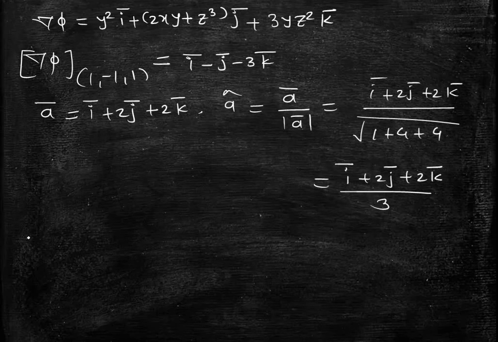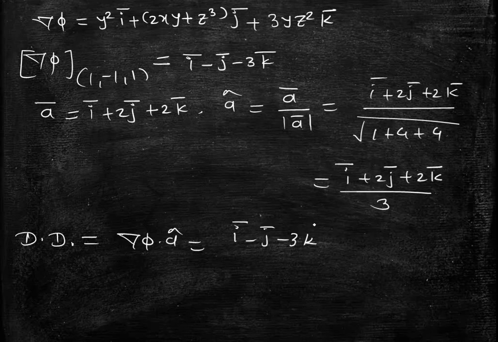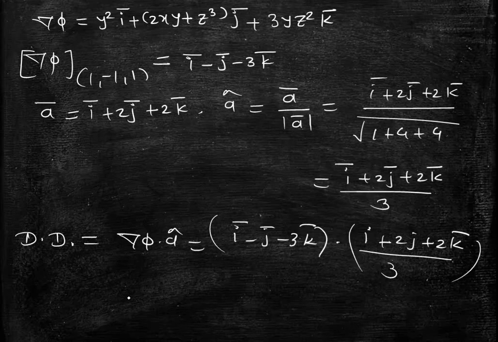So now the directional derivative, that is denoted as capital DD, is equal to del phi dot a hat. So del phi is i bar minus j bar minus 3k bar, dot product with i bar plus 2j bar plus 2k bar upon 3. So the dot product is nothing but the product of corresponding coefficients of the corresponding i, j, k's.